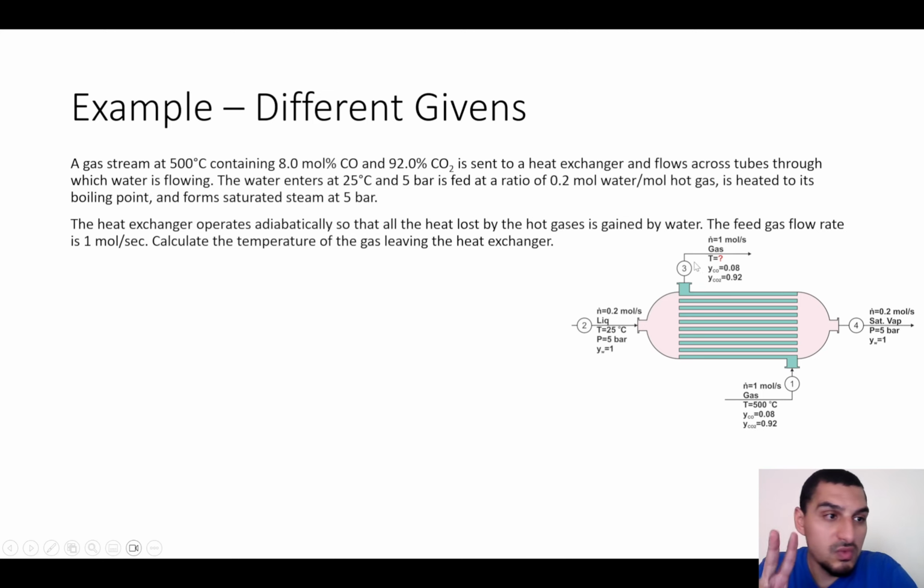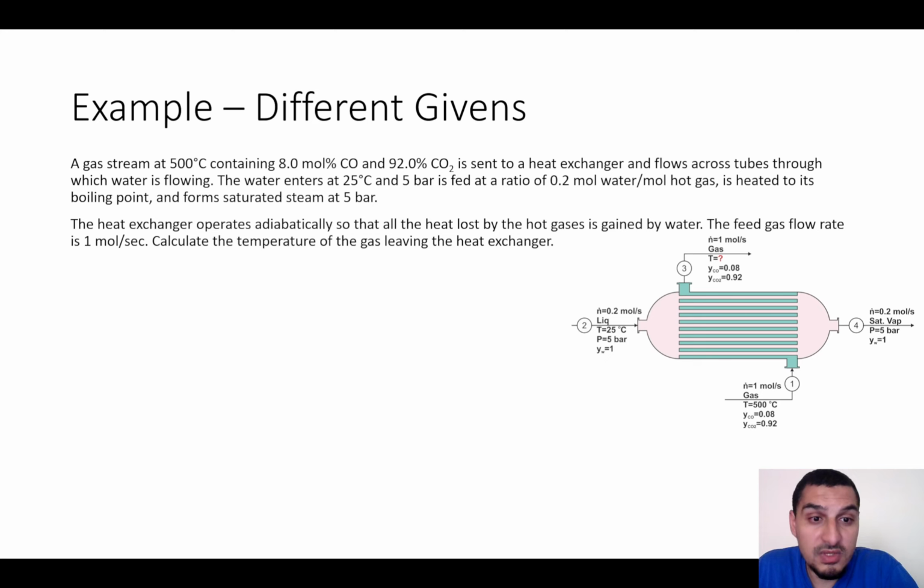So in this problem, we have two new points that we need to discuss in some detail. The first is that each time, we knew the temperatures and wanted to calculate the heat or the work. In this case, we have a different requirement.